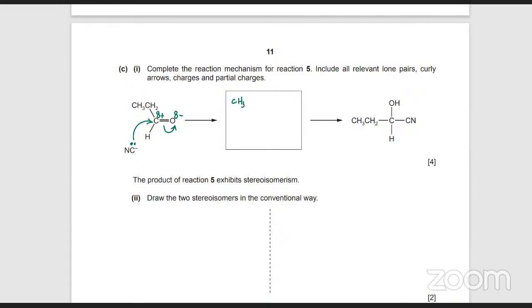Then what happens is that on one side the CN has attached, the C has attached, not the N. Next step, it's the H+ from HCN that's going to get attracted to the lone pairs, and that part will become OH. So the carbon will have a CN and it will also have an OH. This is your mechanism, so make sure every single thing about this mechanism is correct.